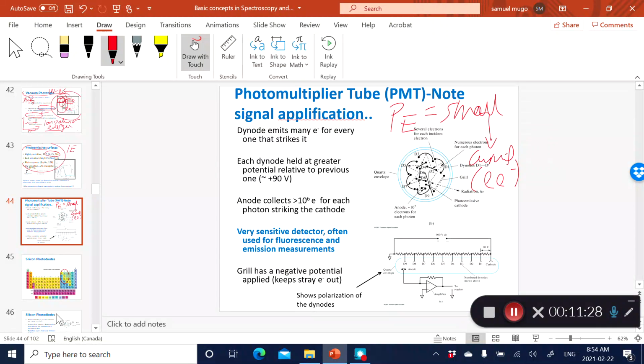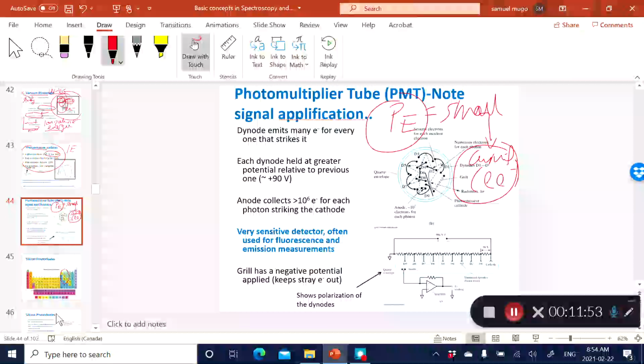Now, for the sake of improving the limit of detection or the sensitivity of your instrument, you really need to amplify this very small current that is generated from this very small amount of monochromatic radiation. And how do you do that? You do that by what you refer to as multiplexing.